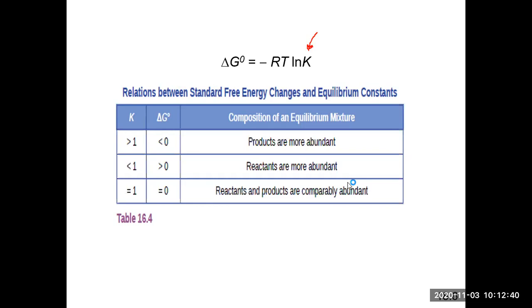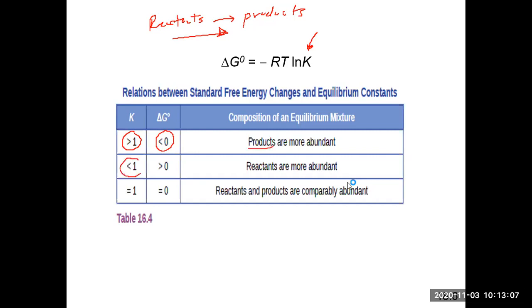Just like we know before, if we have a large value of K, that means we mainly would have products at equilibrium, so we are going towards the product side. This reaction should be spontaneous, and we should expect a negative delta G, with more products at that point.